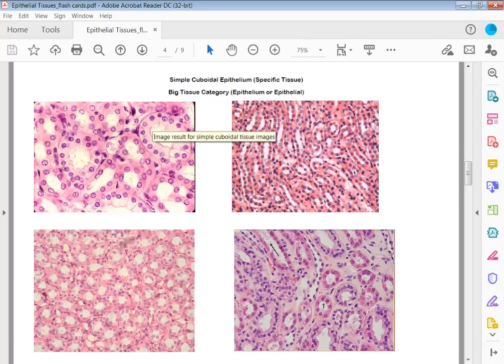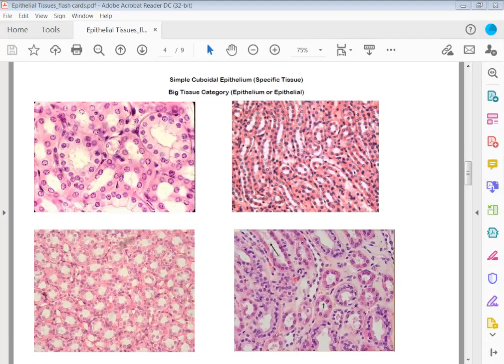The second name is cuboidal because, as we will see here, these cell shapes are square like cubes. So because they're squared like cubes, their middle name is cuboidal. Last name is epithelium, the big tissue category, their family name, epithelium.